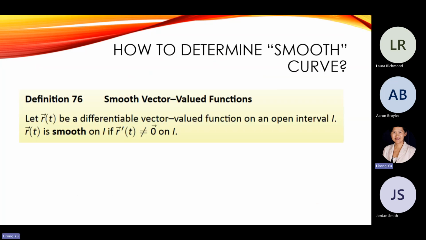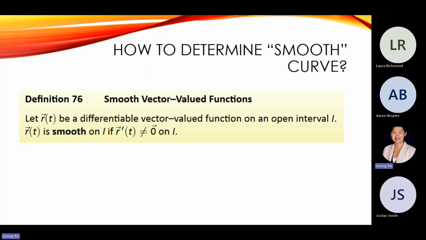Okay, how do we determine a smooth curve? Whenever you have a well-defined derivative, then you get a smooth curve. If the derivative does not exist, then there is a problem. For r(t) to be differentiable, r(t) has a derivative on the entire interval. r(t) is smooth on I if r prime(t) is not the 0 vector.